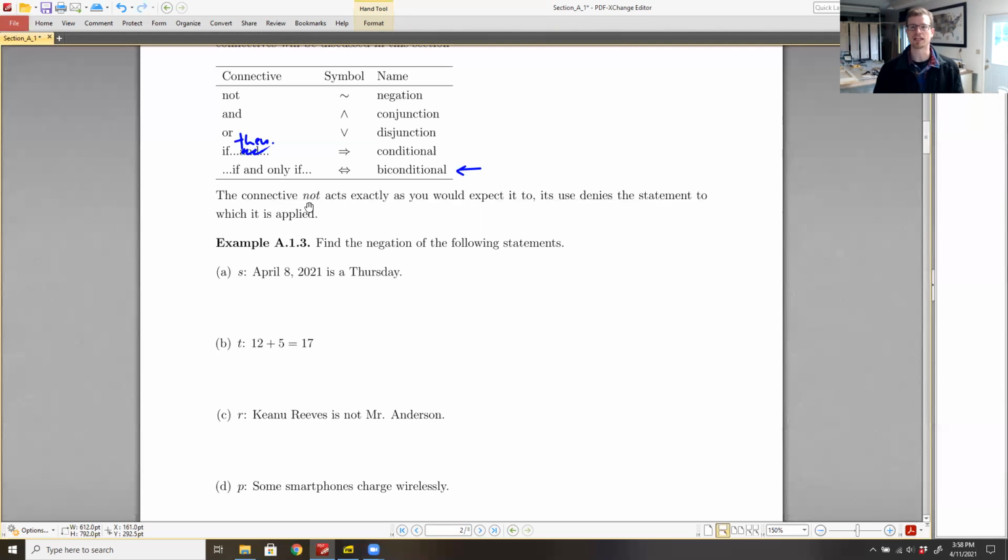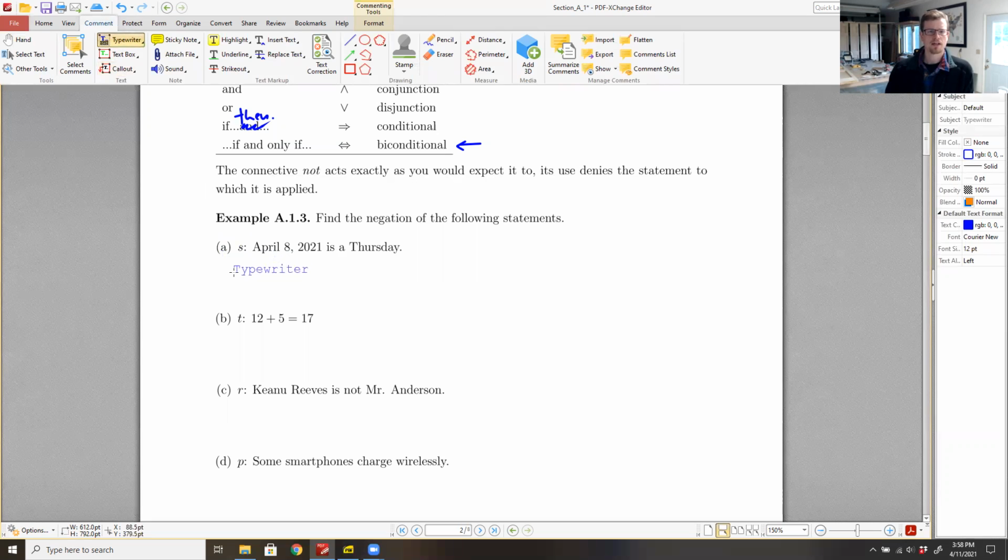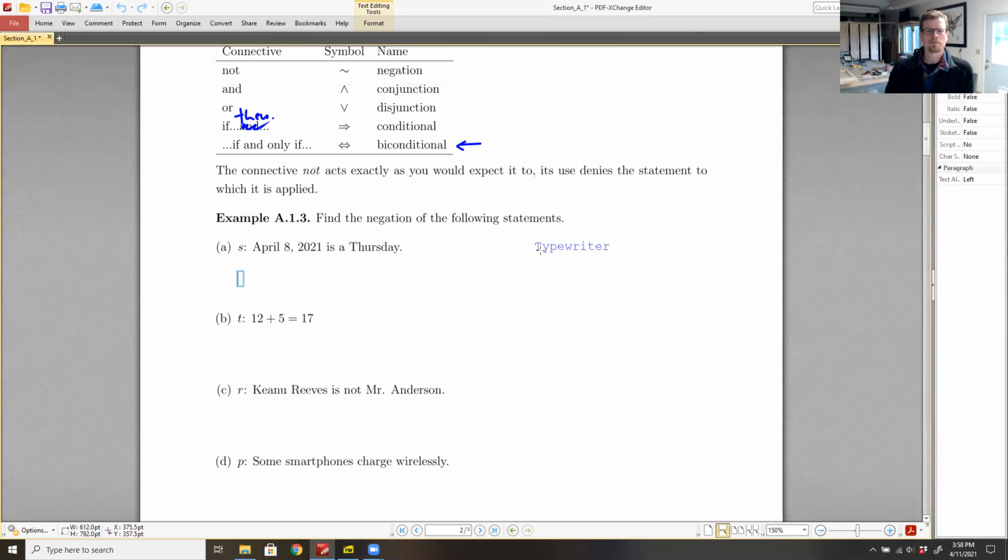So what does it mean to negate a statement? Well, it's just giving us the opposite sort of situation. So what we want to do is give the negation of these statements. We can think of it as denying the statement. So if S is that April 8th, 2021 is a Thursday, then the denial of that would be that it's not a Thursday.